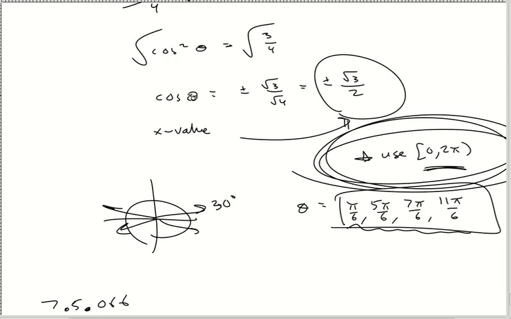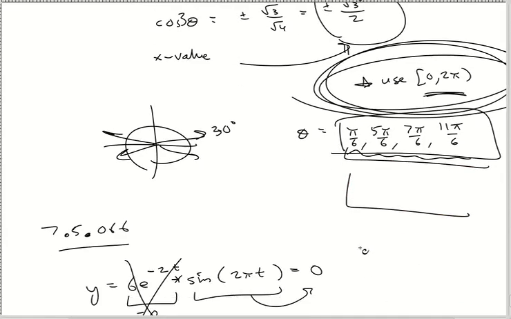So if you had a 3 right here, I would keep going again. That's 1, 2, and then I would do it a third time. I know that sounds really weird, but the next one after this would be 13 pi over 6. Notice that I'm just going to the next; I guess it would be coterminal right here. And I would keep going, and keep going.